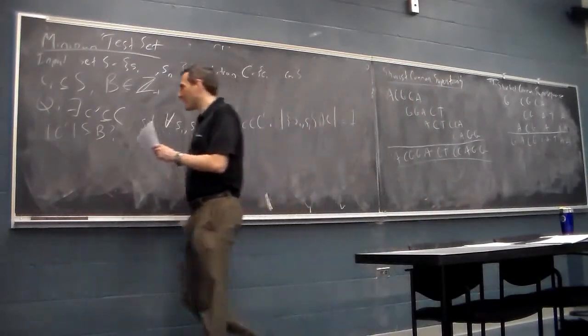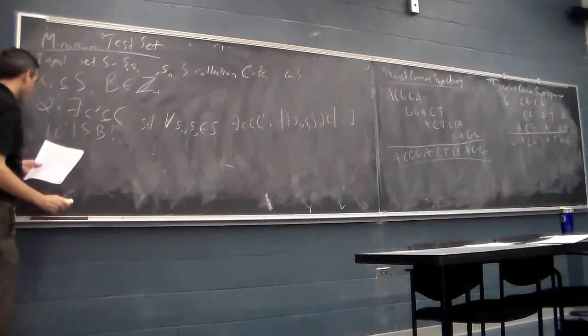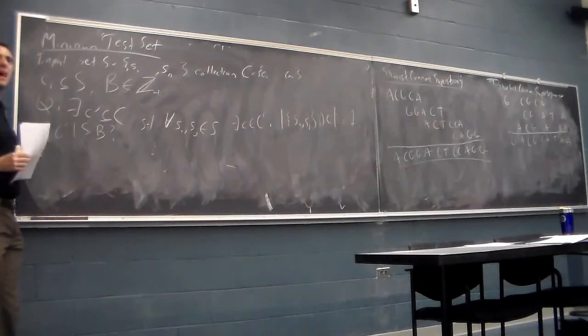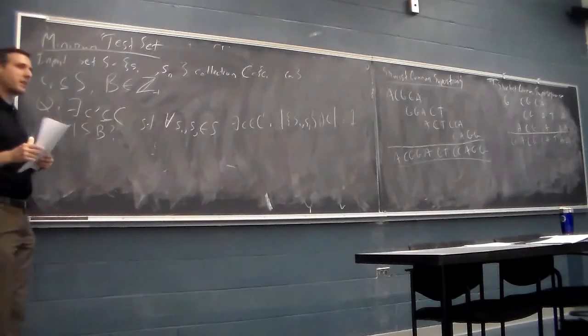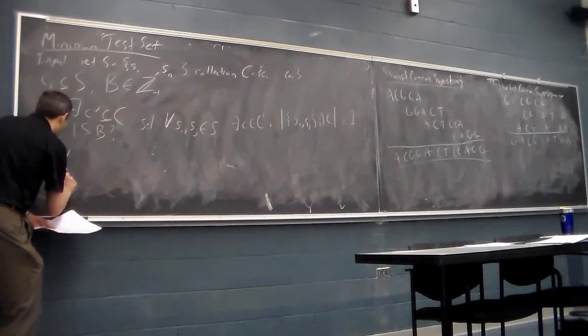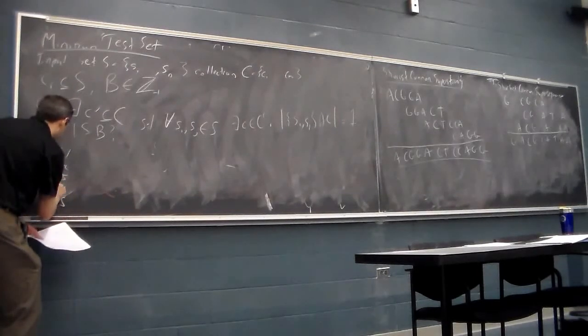And the example that I think gives a nice motivation for this is to imagine that we've got a set of organisms, let's say a set of strains of bacteria, and we're trying to figure out how to identify our strains. So maybe we've got strain 1, 2, 3, 4, 5.